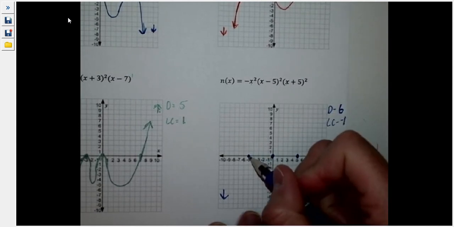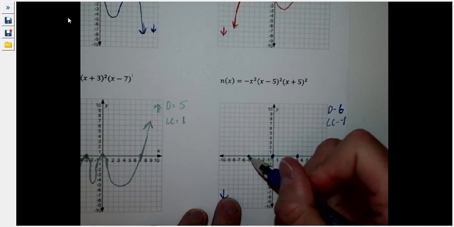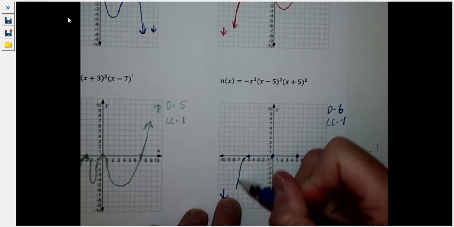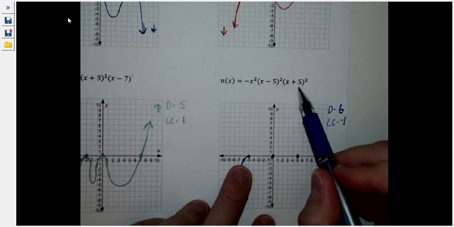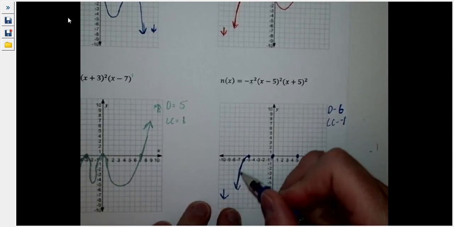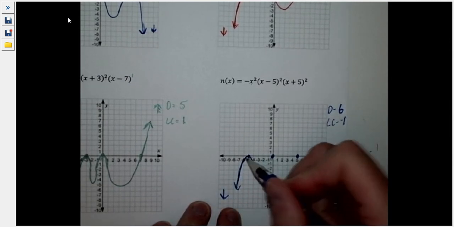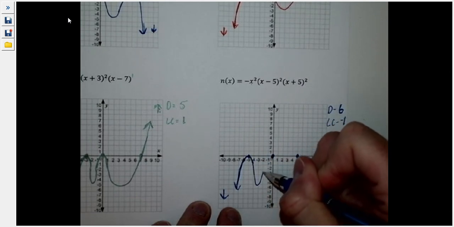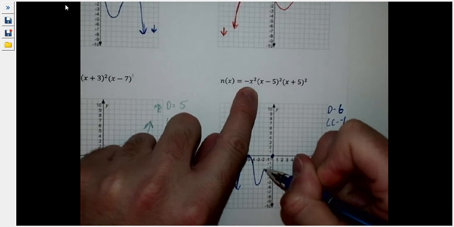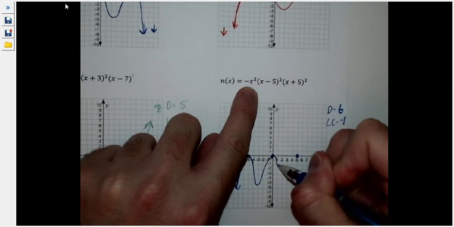So start on the left again. So again, following my end behavior, this side is down. Okay, so let's look at this root. Even power, so it bounces. Comes down, goes back up to this root. Even power, so it bounces.